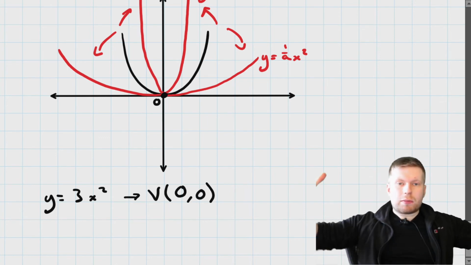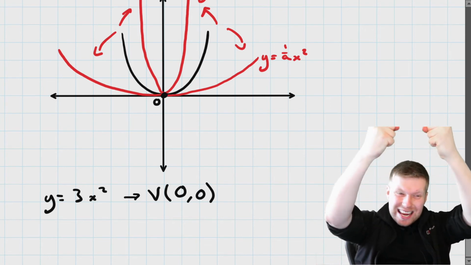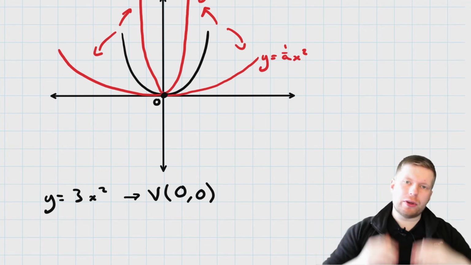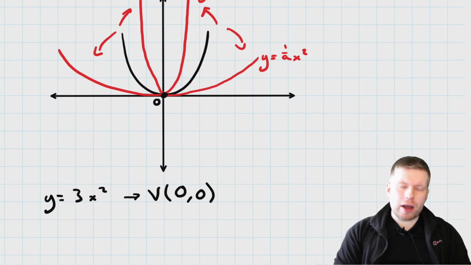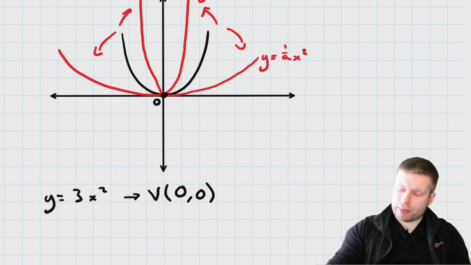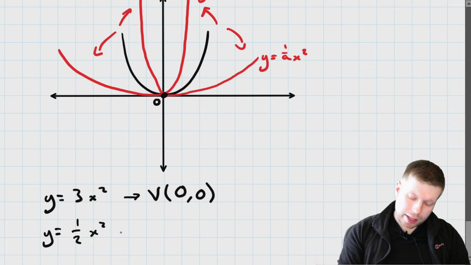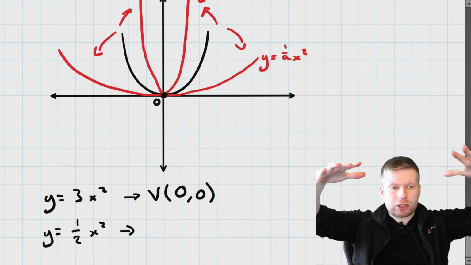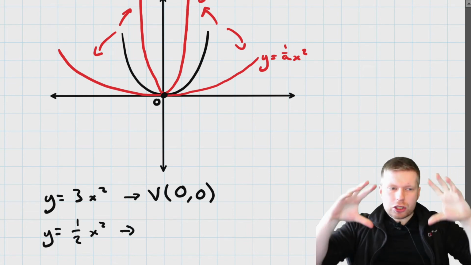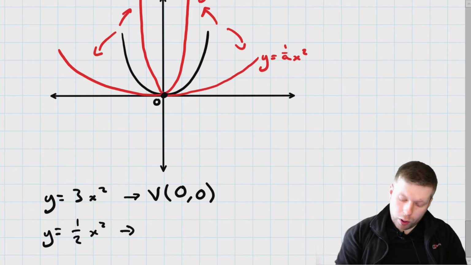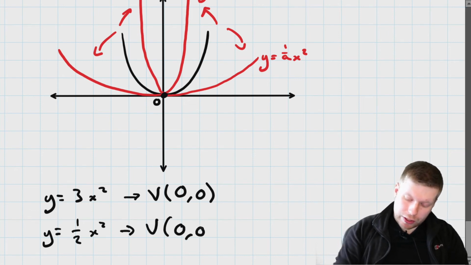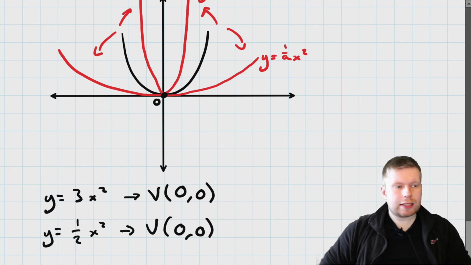Because all it would mean is I'm just taking the graph and I'm making it 3 times steeper. I'm stretching it upwards in the y direction by 3. But the vertex doesn't change, it still stays centered around that origin point. If I take something like y equals a half x squared, again, all that's happening here is it's almost like I'm squashing it down, so it's half as big as what it was before, and the vertex would still be at 0, 0. Okay, so I'm not changing the vertex at all, okay?